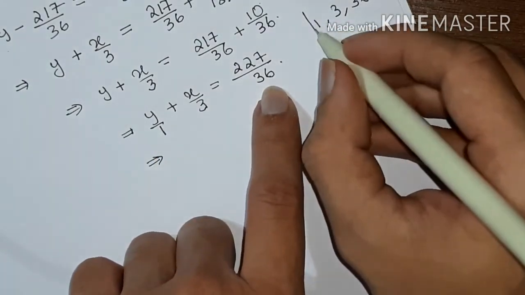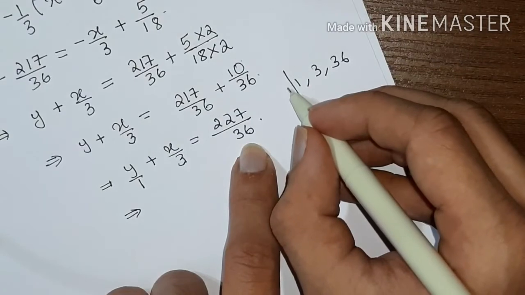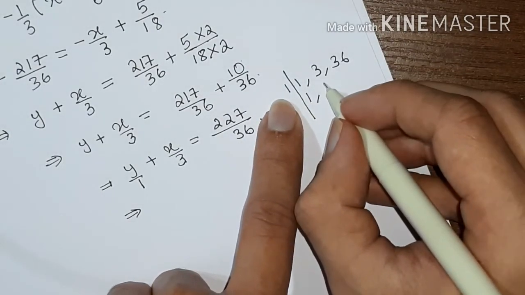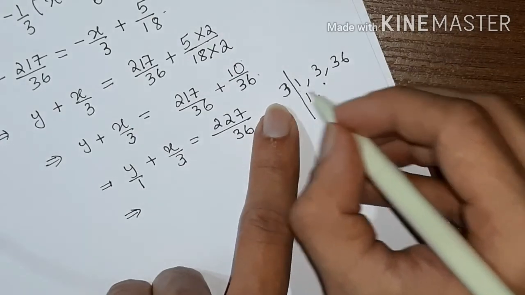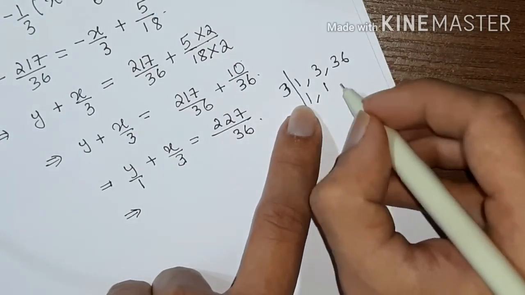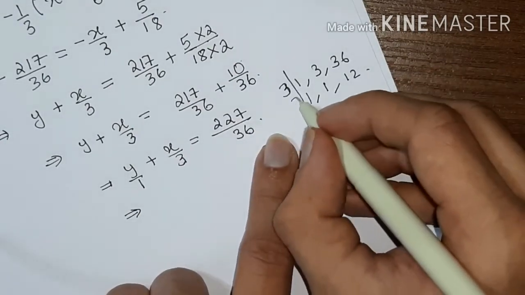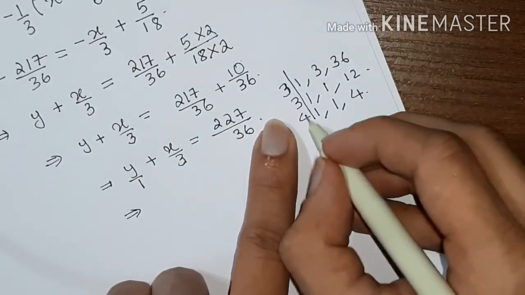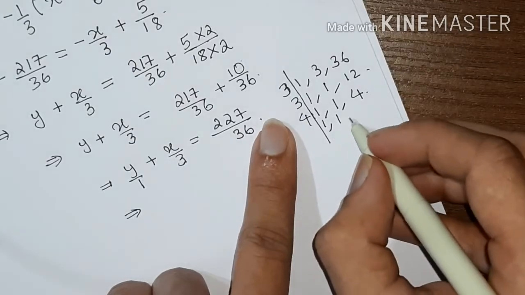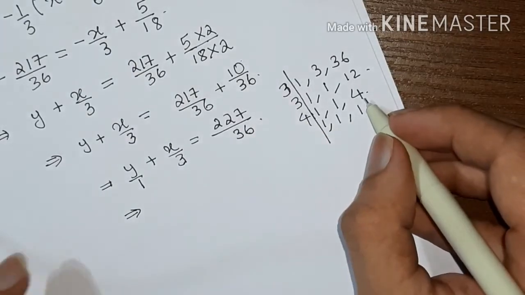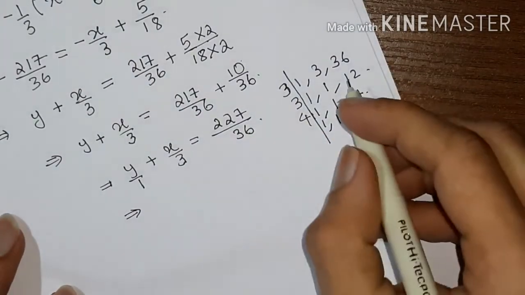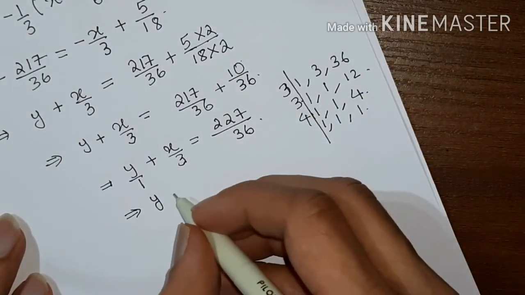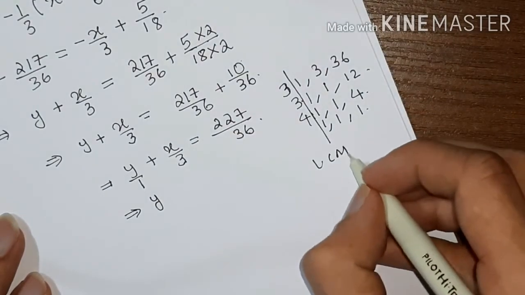If you check it in the usual method which you do, what we get, let us see. 1 1, then 3 and 1 as it is here. 3 1s are 3, 3 12s are 36, 3 1 as it is, 1 as it is, 3 4s are 12, 4 1 as it is, 1 as it is, 1 1s are 4, 4 1s are 4. So 3 times 3 is 9, 9 plus 4 is 36. So the LCM is what?